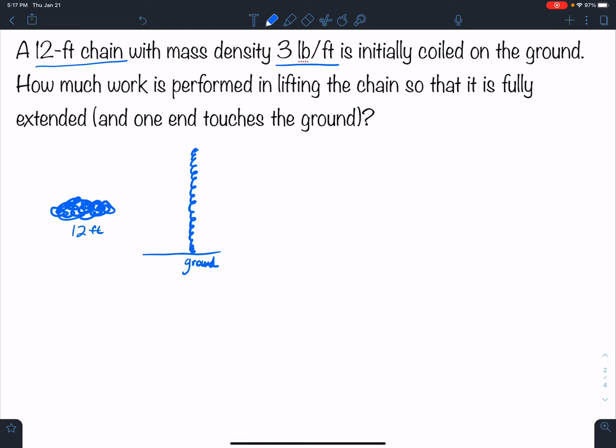So what does that mean? Somehow we lifted that chain up, which means we lifted it up 12 feet. We went from 0 feet up to 12 feet.